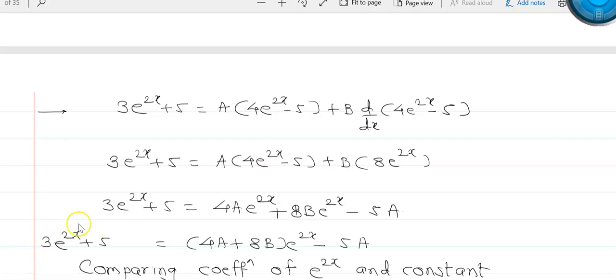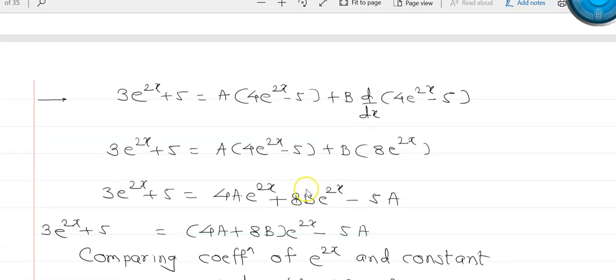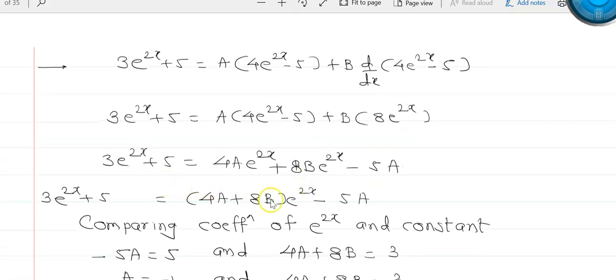Therefore, 3 into e raised to 2x plus 5 is equal to 4a e raised to 2x plus 8b e raised to 2x minus 5a, if we simplify the above step. Now we'll compare the coefficient of e raised to 2x on both sides.